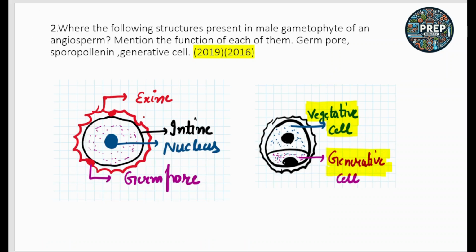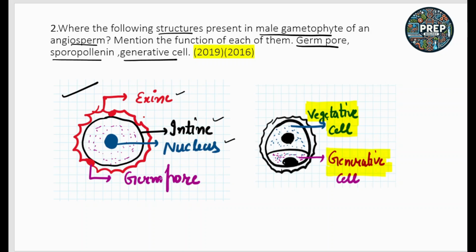Next question is: where are the following structures present in the male gametophyte of an angiosperm? You have the different structures: germ pore, sporopollenin, and generative cell. You have to mention what is the importance of these structures and where they are present. In the pollen structure, the outermost layer is the exine, the inner is the intine, and inside it we have the nucleus.